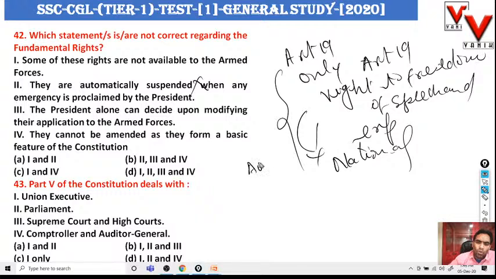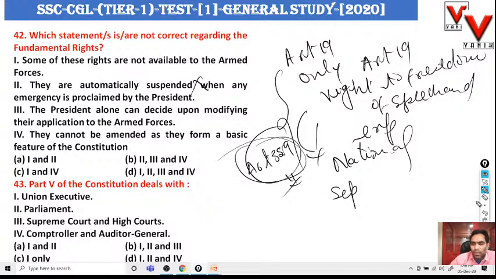There is a provision in Article 359 where, if the president wants to suspend the other rights, there should be a separate notification, and that is mentioned in Article 359. So only Article 19 is automatically suspended when a national emergency is proclaimed by the president.